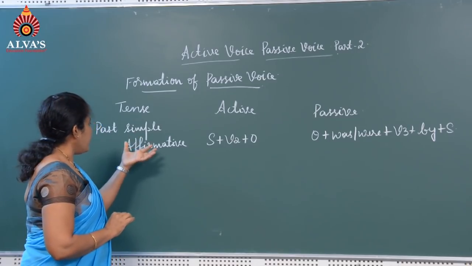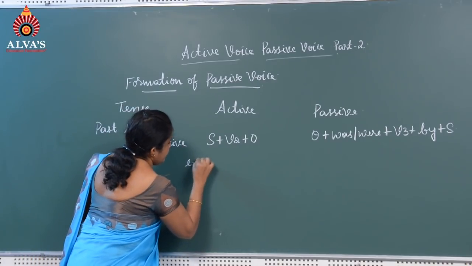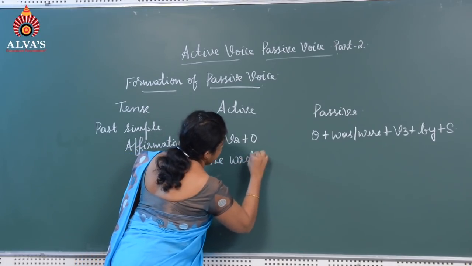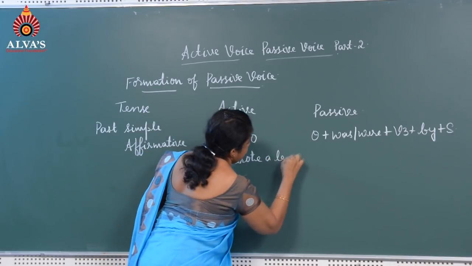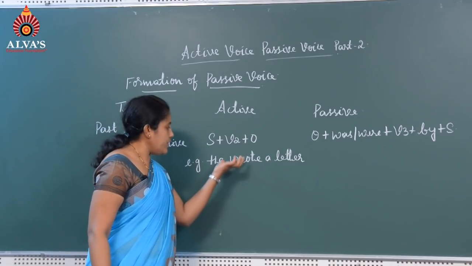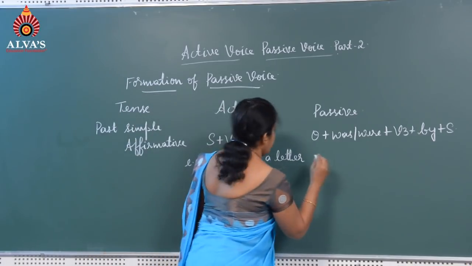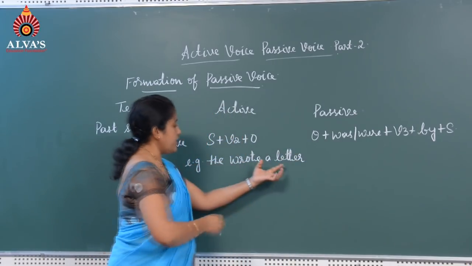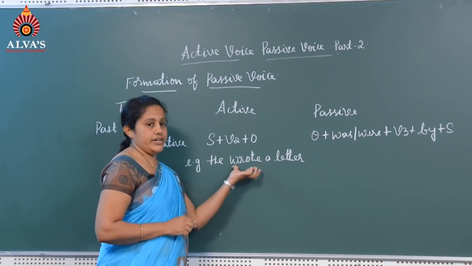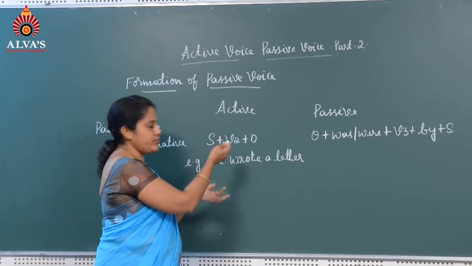If we write it in the past simple active voice, he wrote a letter. So, this is active voice. When we change from active to passive voice, first we have to write the object. In this sentence, letter is the object and he is the subject, and wrote is the V2 form of the verb.